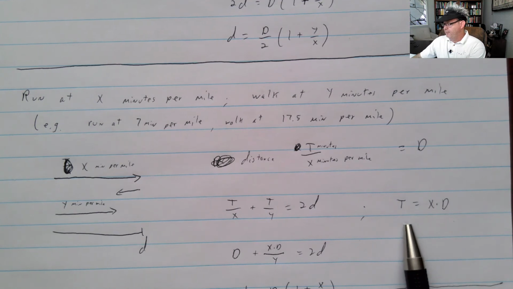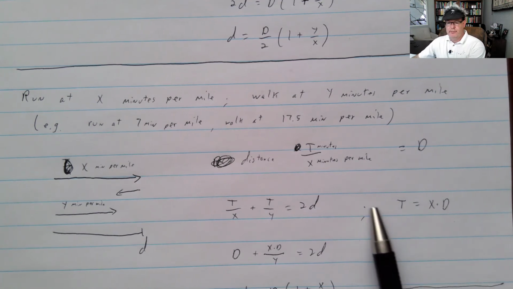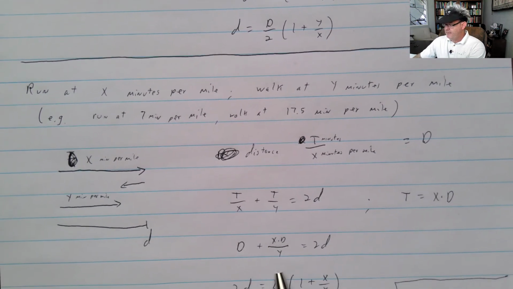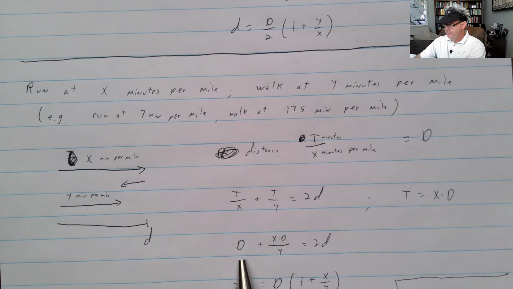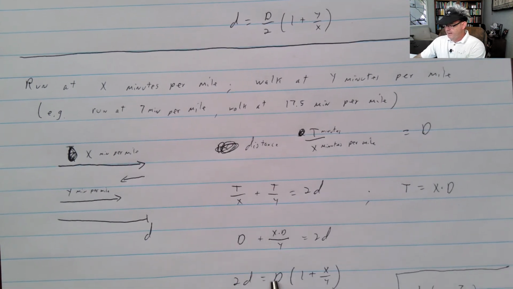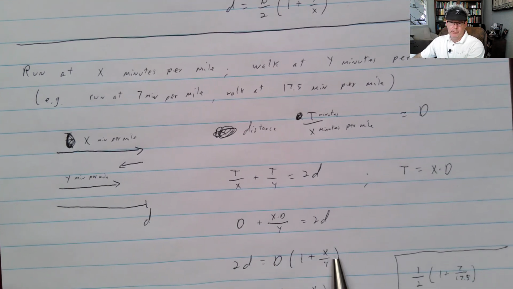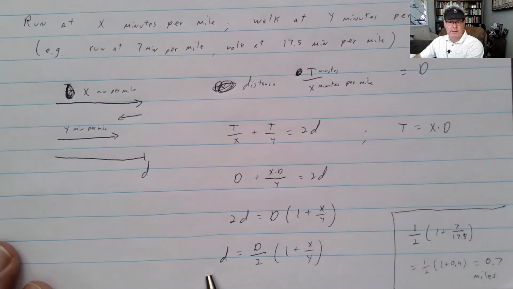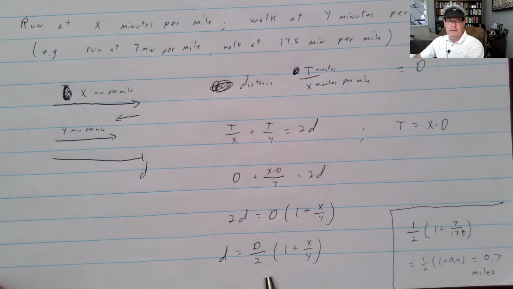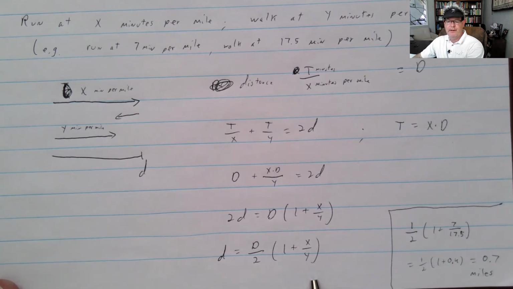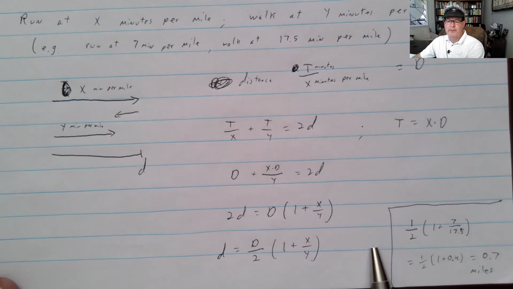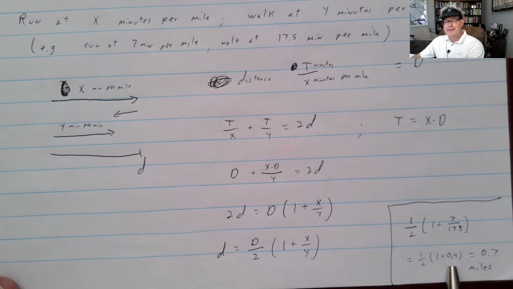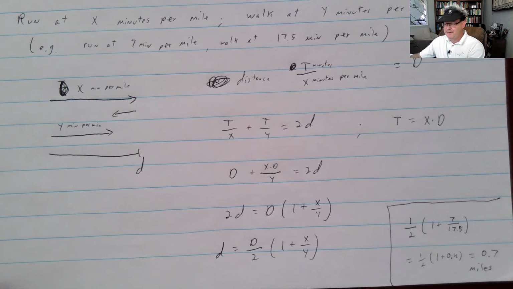We also know the total time, just from here, is going to be X times D. So if I sub that in, X times D for the T, and then of course D is T over X. Then again, I can factor out D. Now I have X over Y. So again, it's kind of the same ratio. So the D will be half the distance you want to go times 1 plus the ratio right here. And again, for the 7 minutes per mile and 17.5 minutes per mile, once again, that was 0.4. So it'd be 0.7 miles.